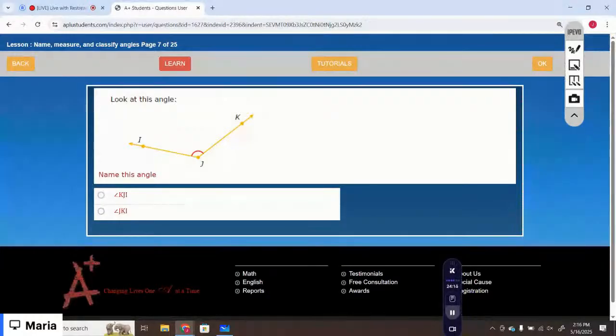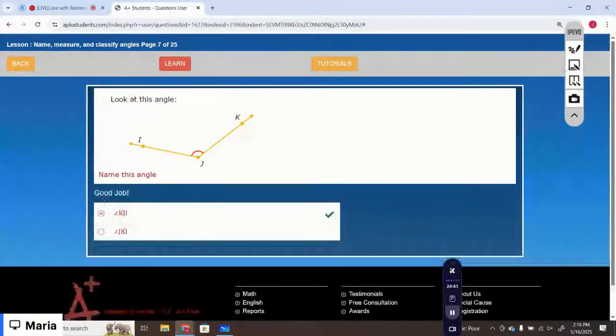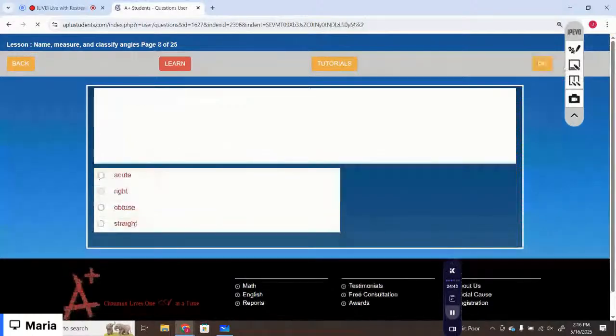Look at this angle. Name this angle. J is the vertex, right? So vertex is always in the middle. So that is KJI. Option number one is the correct option.